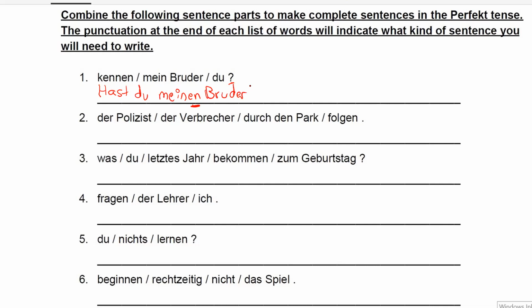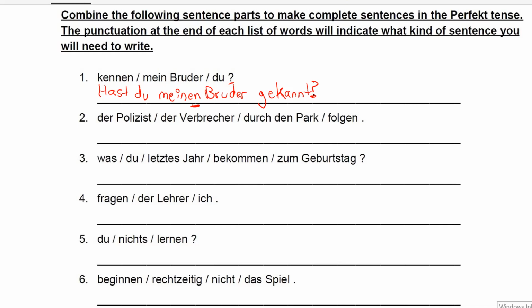And then we have to have the past participle of kennen, and kennen is another irregular verb which goes to gekannt. Hast du meinen Bruder gekannt? If you want to switch this around and say, did my brother know you? You would say, hat mein Bruder dich gekannt? And either way, don't forget that it should be a question mark at the end because it is indeed a question.